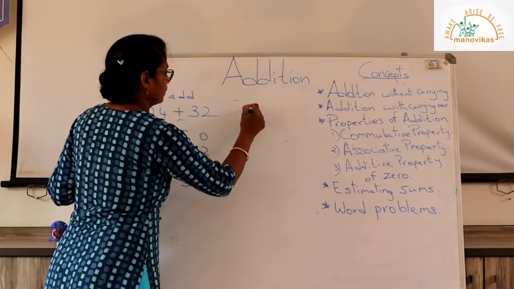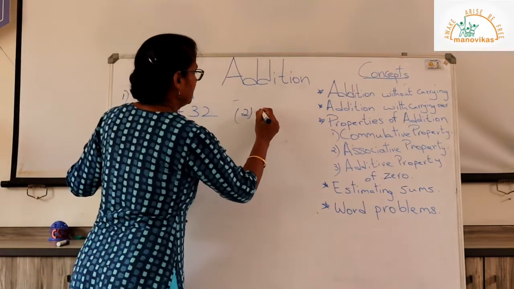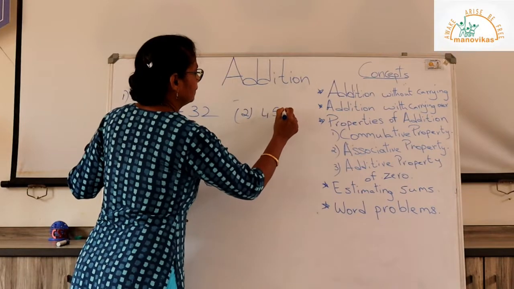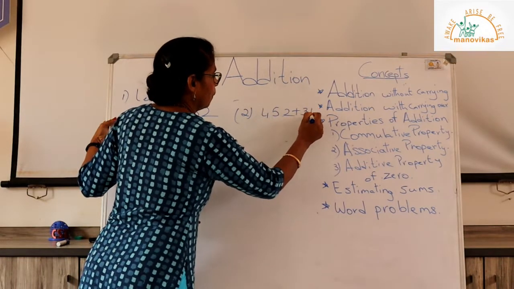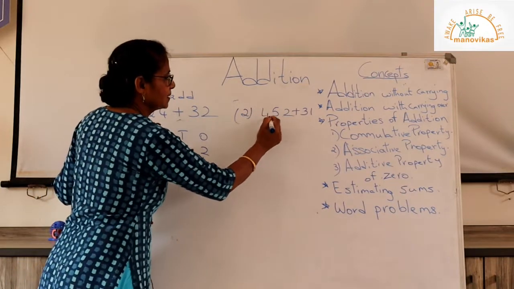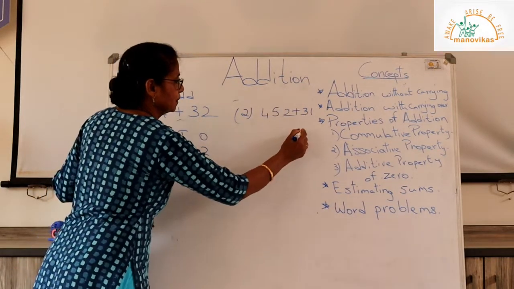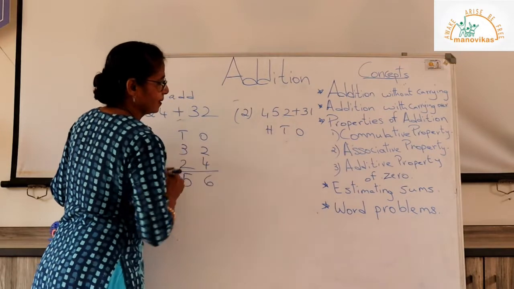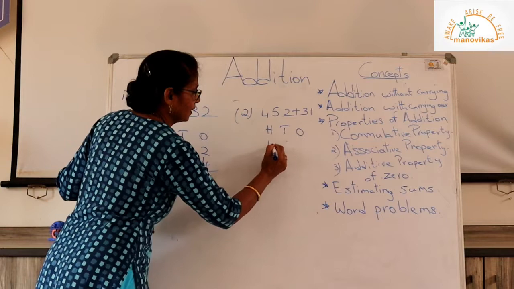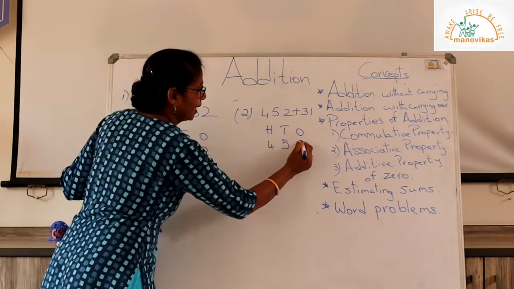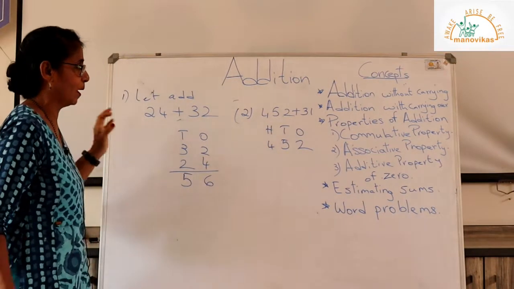We take another problem. Let's add 452 plus 31. Now this is a 3-digit number and this is a 2-digit number. Ones, tens, hundreds. In the first number we have 4 in the hundreds place, 5 in the tens place and 2 in the ones place.